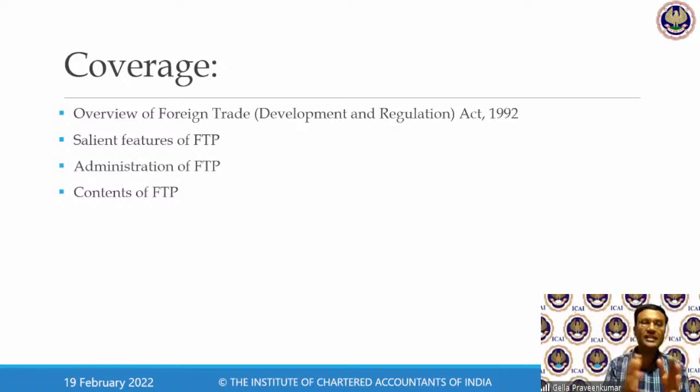What is the decision with respect to EPCG? What are the new schemes which are brought in? How should the administration of this particular export be done? How does a particular assessee get a benefit by way of recognition of their contribution to the nation through foreign reserves brought in? Considering all these aspects, they have 9 chapters in volume 1.